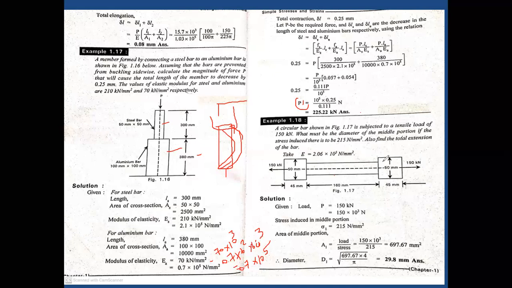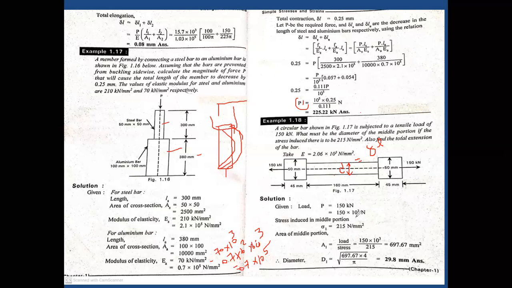Both the edges have a circular cross section of 50 mm diameter and 48 mm length. In between these two, one more circular cross section is there. It has 160 mm of length, and we need to calculate its diameter and the total change in length. These two parameters we need to calculate in this problem.